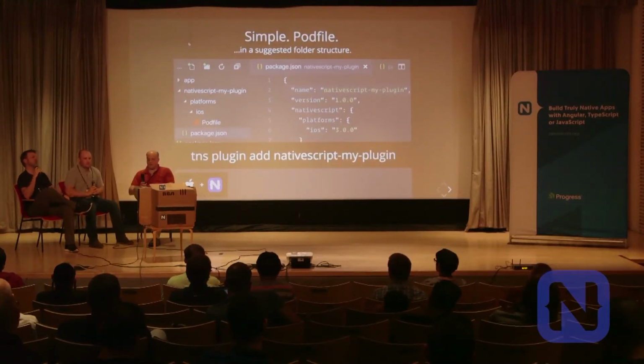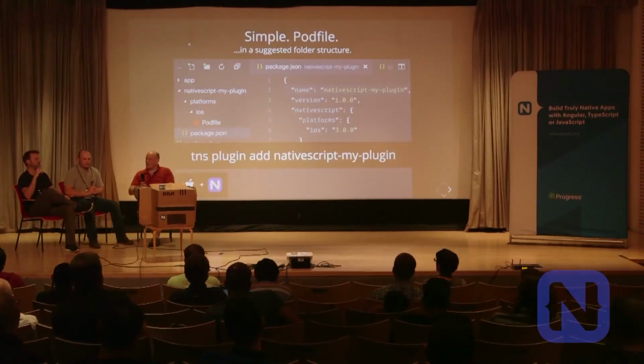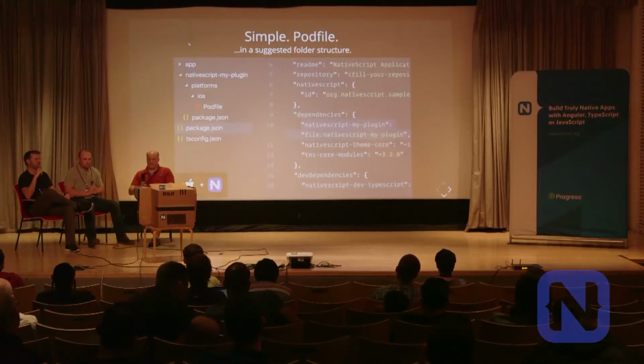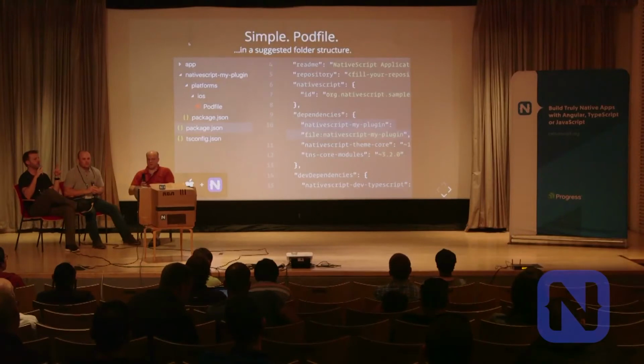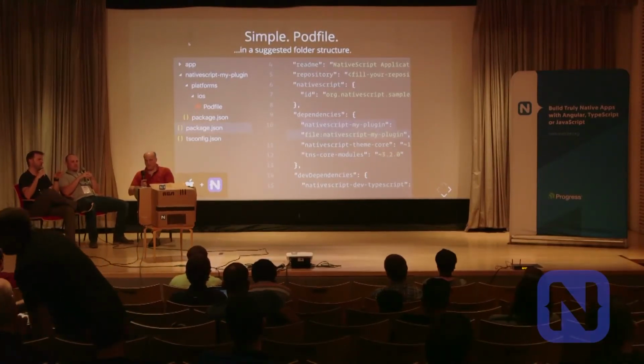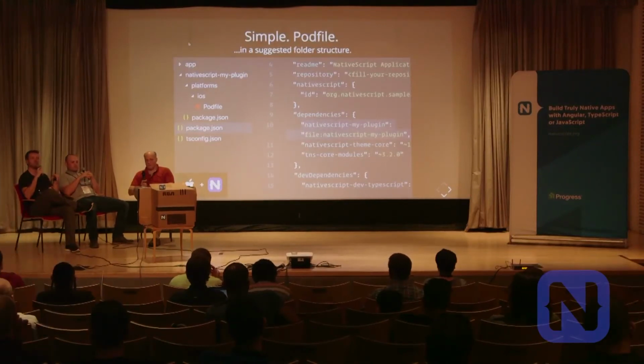And so it's going to say, I see a package here, and it's going to add that plugin into the NativeScript app's dependencies. What that's going to allow us to do at this point is automatically pick up the Podfile, and when we build iOS in NativeScript, it's actually going to build that CocoaPod into our iOS app.